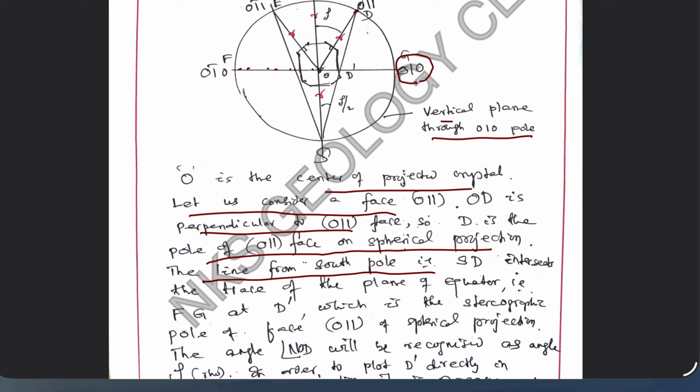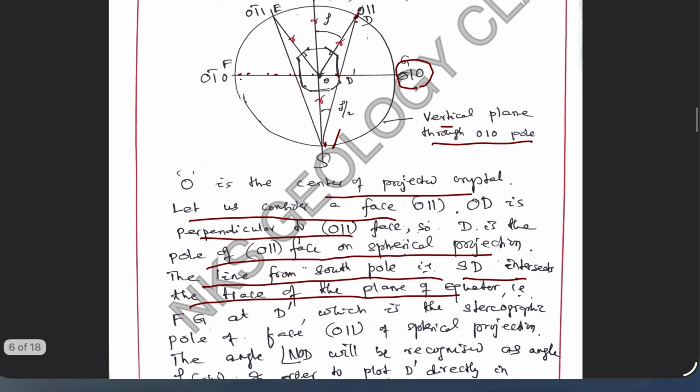The line from the south pole S to D intersects the trace of the plane on the equator at D dash, because in stereographic projection we have to join these poles to the south pole. The point where these lines pierce the equatorial plane gives the stereographic projection of this face on the equatorial plane. So D dash is the point where D is represented.